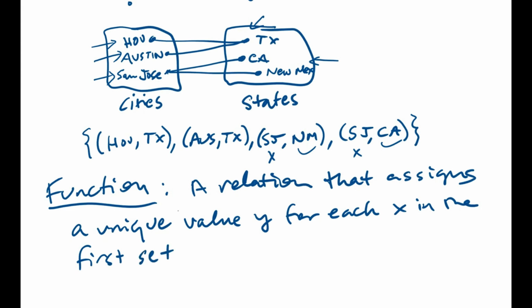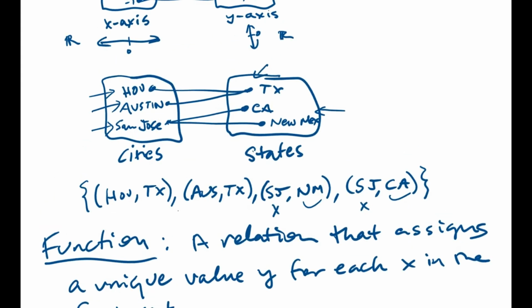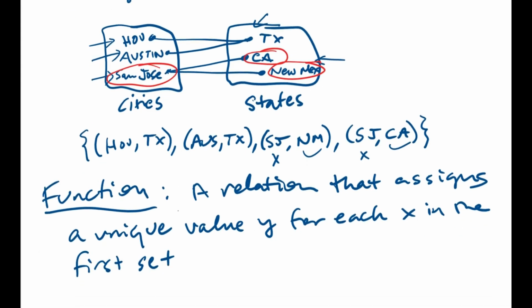So the situation up here with San Jose going to California and New Mexico, this would not be a function, because for each x, there's a unique y. And this x here, this San Jose, we'll call that x, goes to two different y values here. We'll call these y's over here. Okay, so functions are a little different.